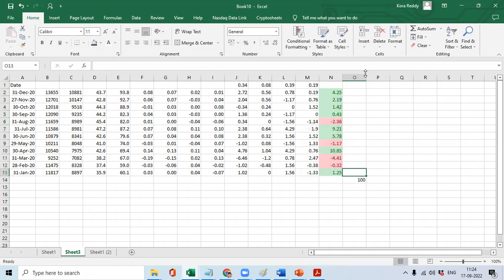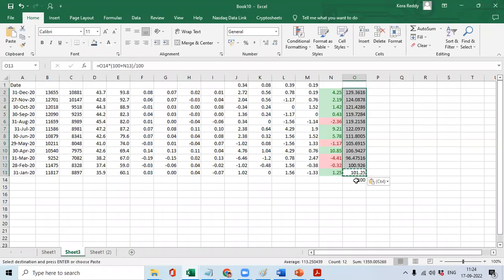In that year, they would have generated 30%. Not bad.